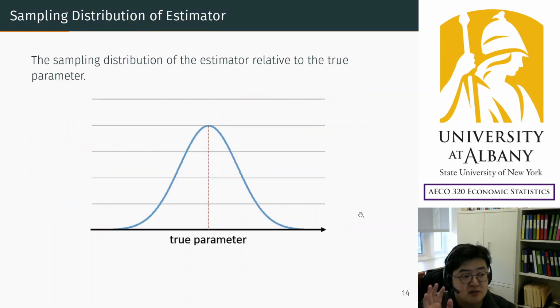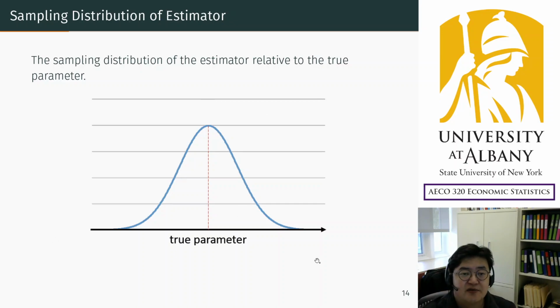So in reality, what we have is like this. Say the true parameter was here. We don't know it in practice, but theoretically you can imagine there is a true parameter here. And then if the true parameter was here, what would be the probability distribution, the sampling distribution of the estimator? It would be like a normal distribution according to the central limit theorem in many cases.